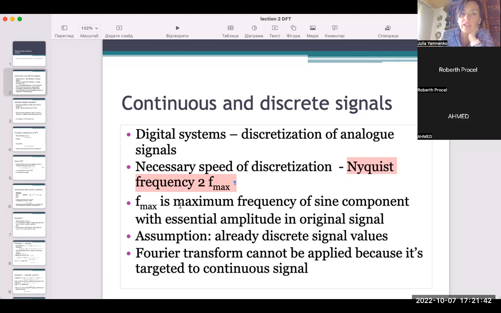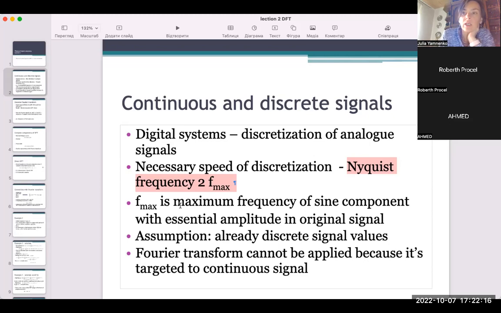And in the general case, the number of these harmonics could be infinitely large. But in practice, some of these harmonics, especially at very high frequency, are negligibly low. So it's possible not to take them into account because their amplitude is not essential enough to influence the behavior of the signal.